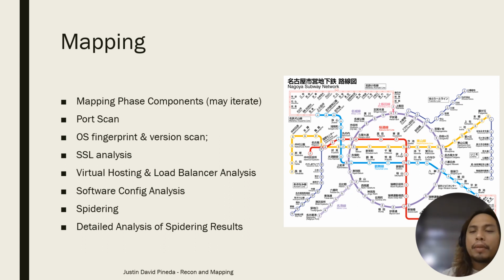I will not discuss this further because we've done this in a separate video. Then conducting SSL analysis, virtual hosting and load balancer analysis, software config analysis, spidering, and detailed analysis of spidering results.